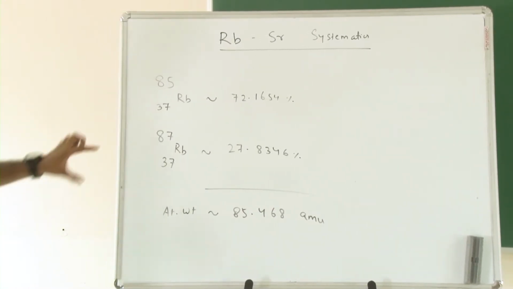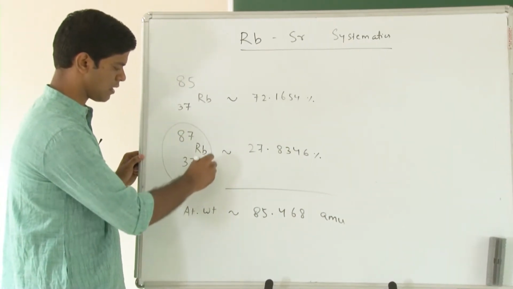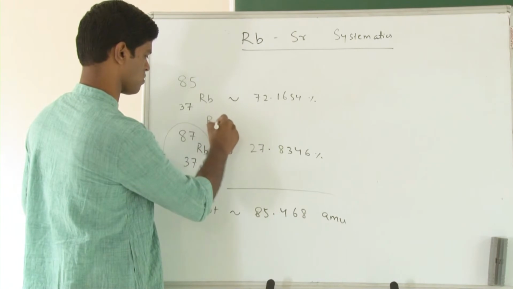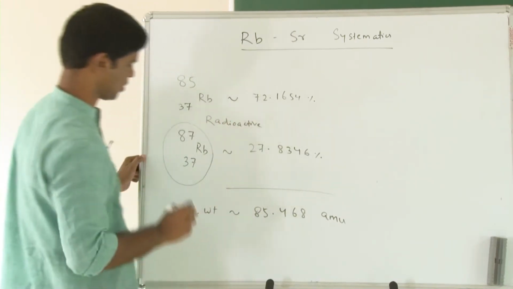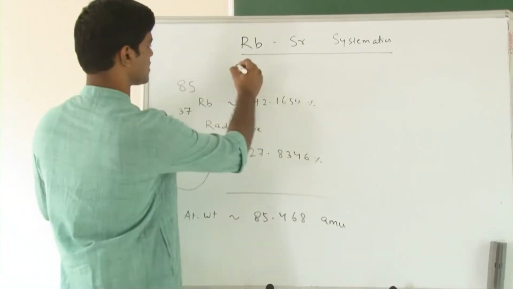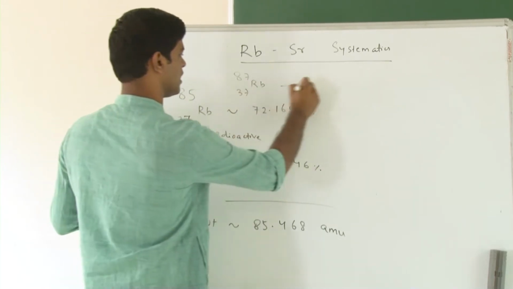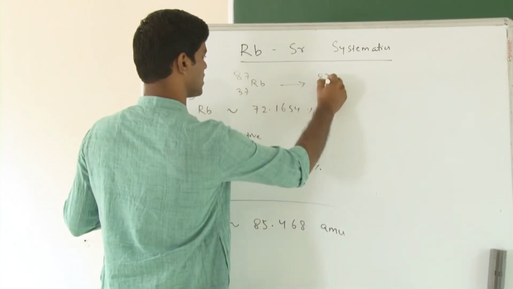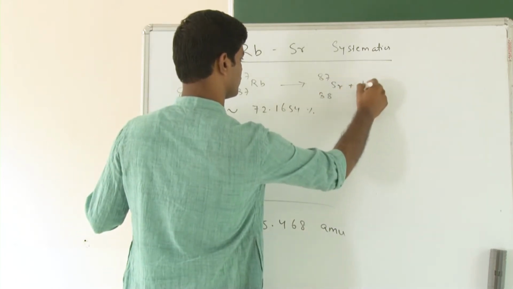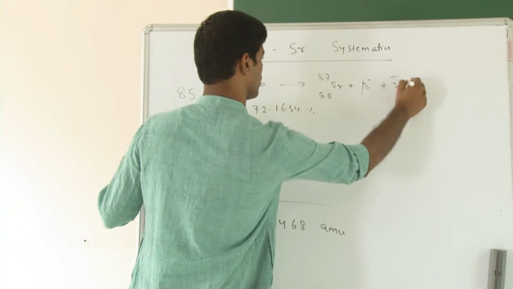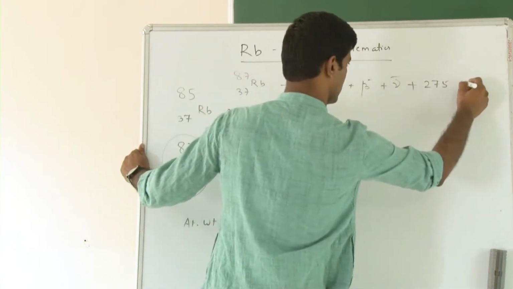So, these are the two naturally occurring isotopes. One interesting aspect is this rubidium 87 is radioactive. So, basically this rubidium 87 with a beta decay forms strontium 87, an electron and an antineutrino, and the decay energy is 275 keV.